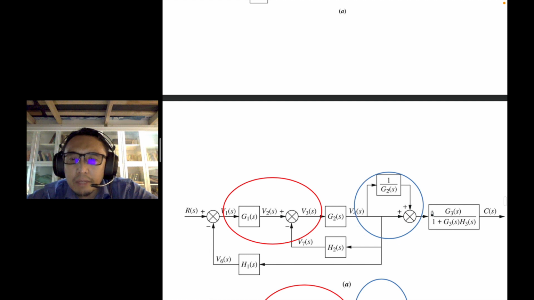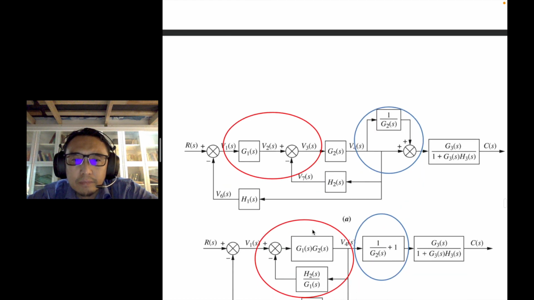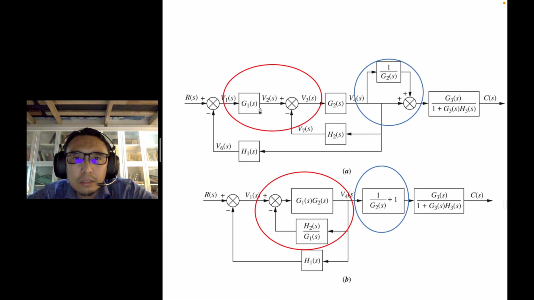So now I have highlighted in blue. So now let's look at another structure, G1 and V3 here. Okay, so we can see here that, in this case, we can see another feedback form here.